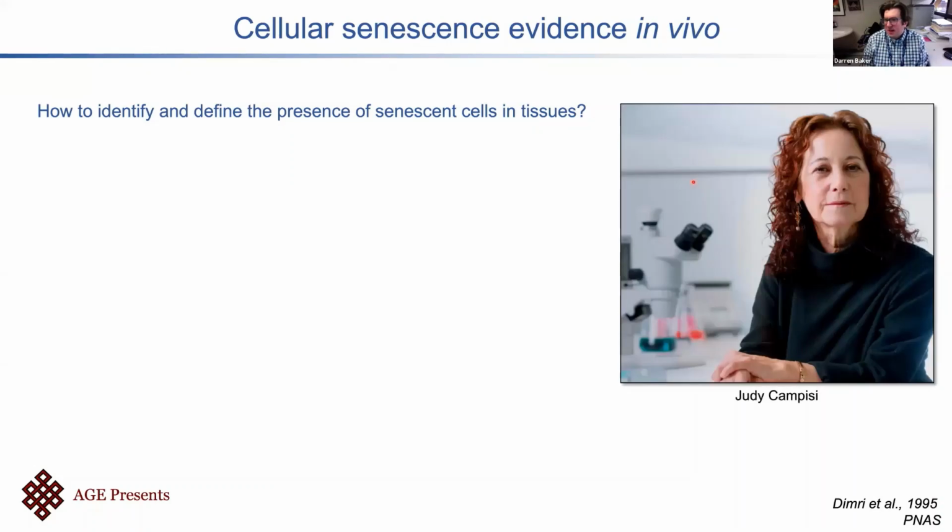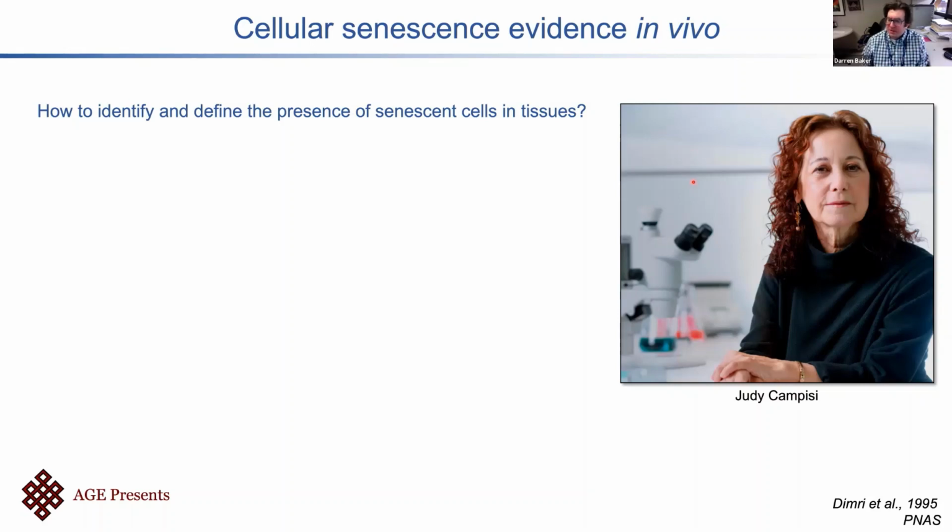Despite her small stature, a giant in the field of cellular senescence research is Judy Campisi, who is based at the Buck Institute in California. Judy has done a variety of studies that have been instrumental in understanding what senescent cell biology is actually doing, both in vitro and in vivo.